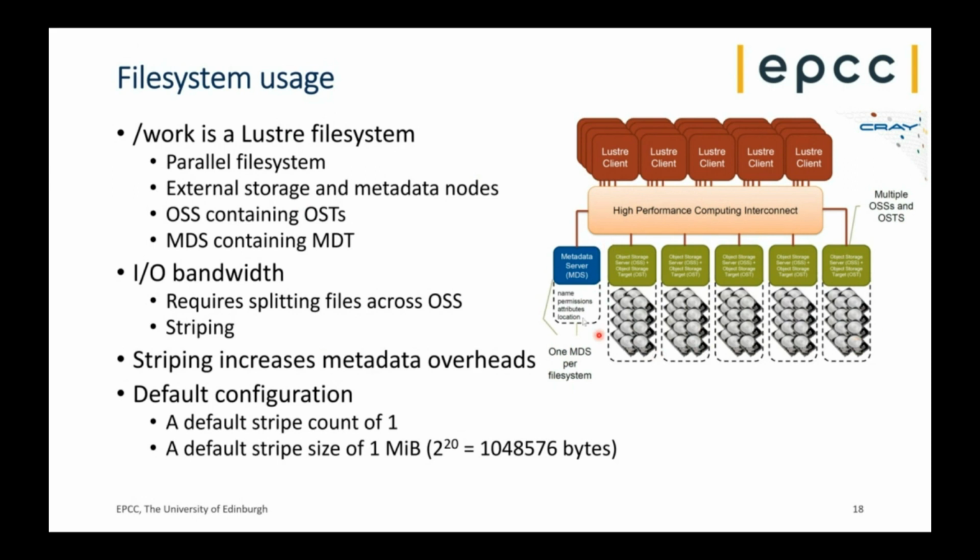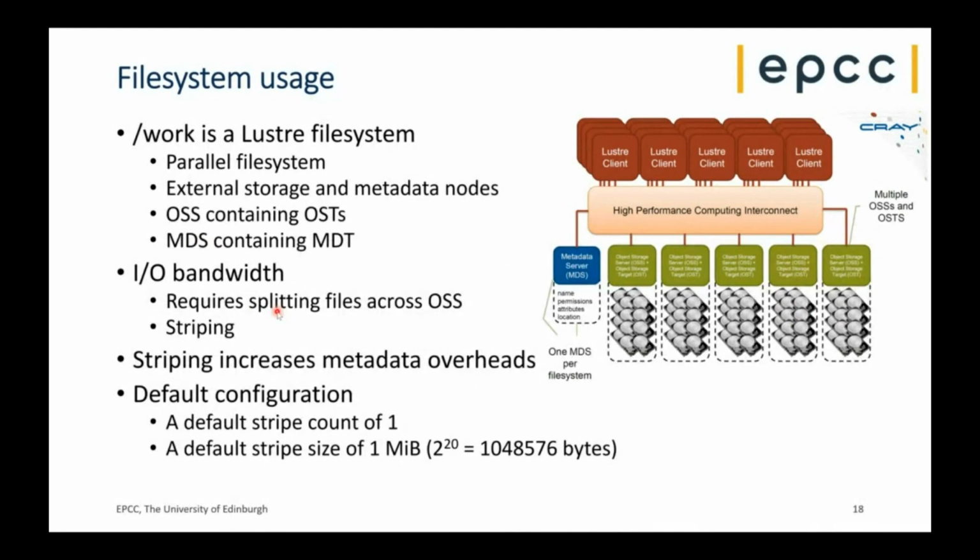And then the other one is the data storage, where Lustre takes your files and can split them up across different storage devices to spread out your file and give you access to more I/O bandwidth. This is all configured on Lustre through something called striping. So in Lustre, you can specify your file stripes.